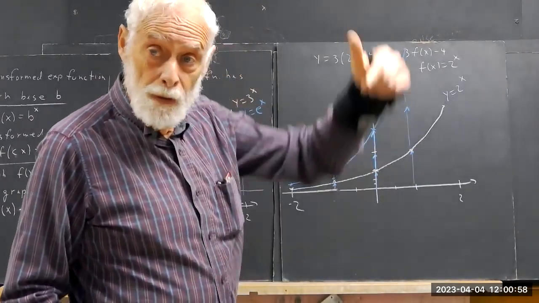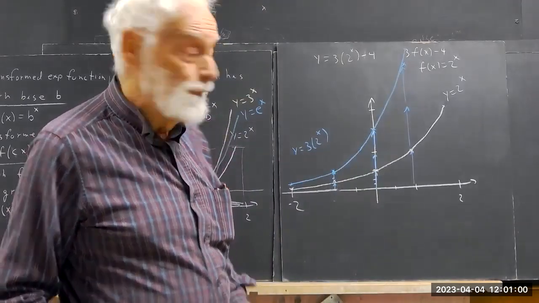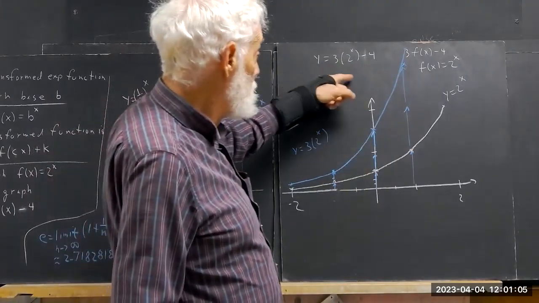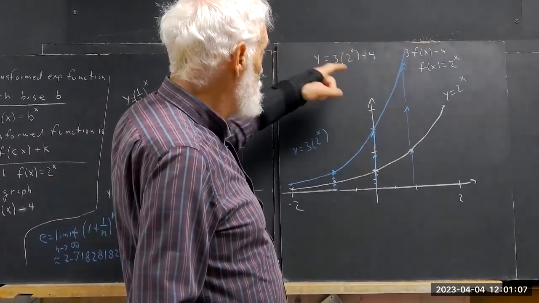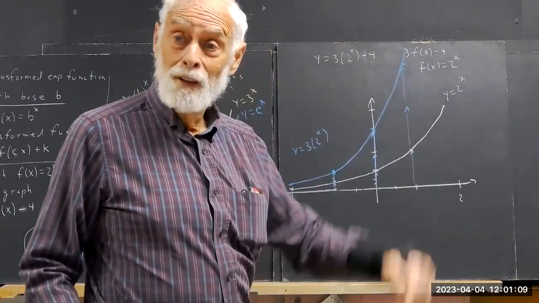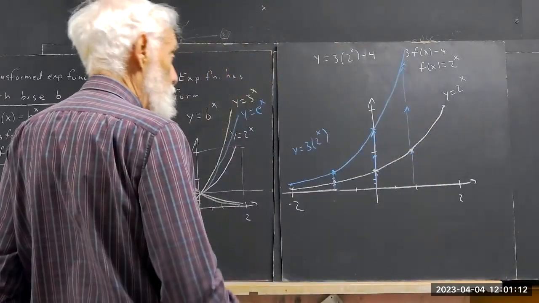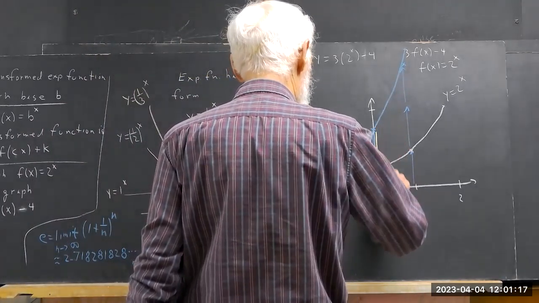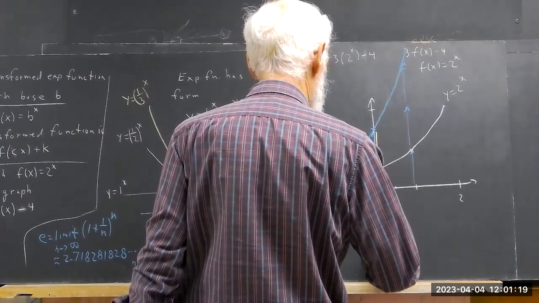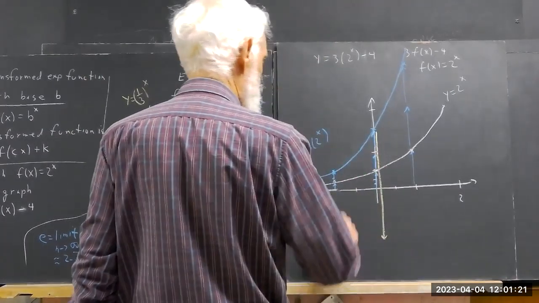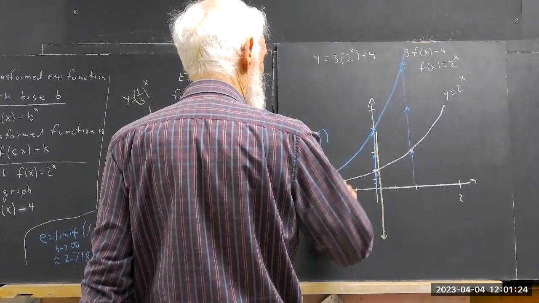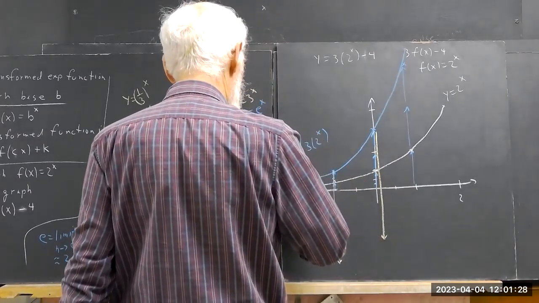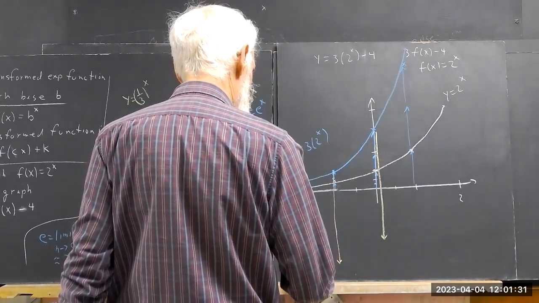The minus 4 lowers you down 4 units. And y values become 4 units less. Whatever 3 times 2 to the x is, 3 times 2 to the x minus 4 is going to be 4 less, meaning you go this way with your y value, so that this then would come down about here. This would come down an equal distance, maybe down to here, and then this would come down just a little further than that.